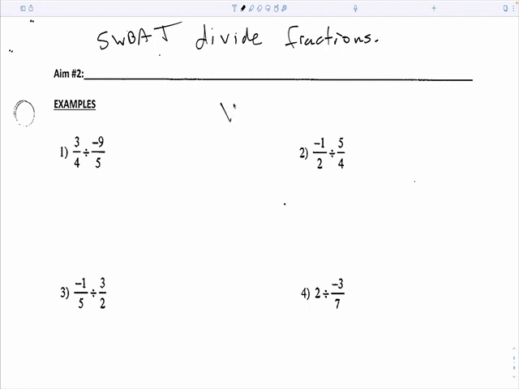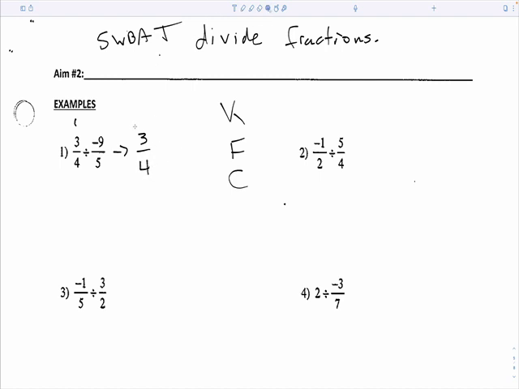Do you guys remember your 6th grade teacher saying KFC? Do you remember your 5th grade teacher saying that? No. Okay, when you see division signs, some people don't like this because it doesn't actually teach you what's happening, but it's good enough for 7th and 8th grade math. When you see a division of fractions, you keep the first fraction the same. Rewrite 3/4.